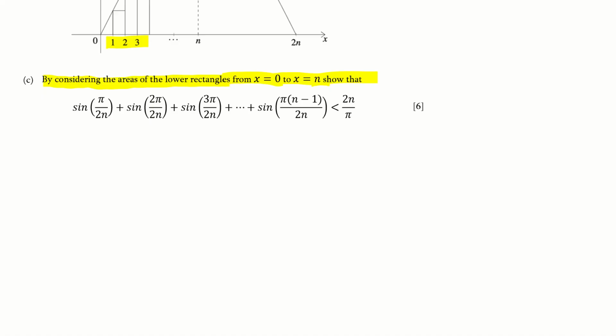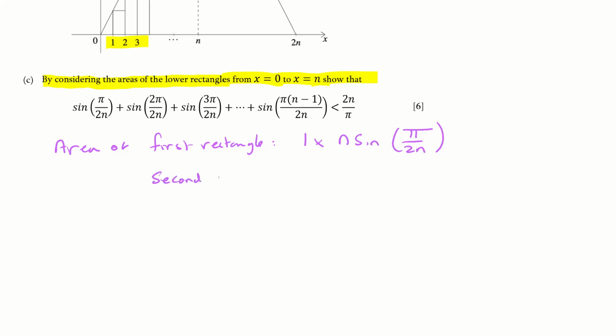Okay, so the area of the first rectangle is going to be 1 times n sine pi over 2n.